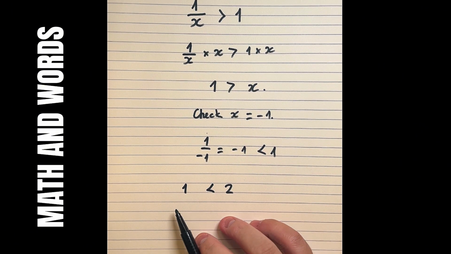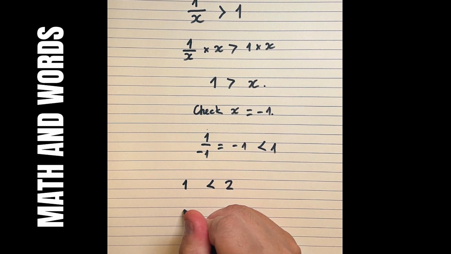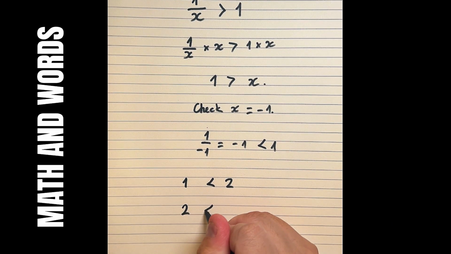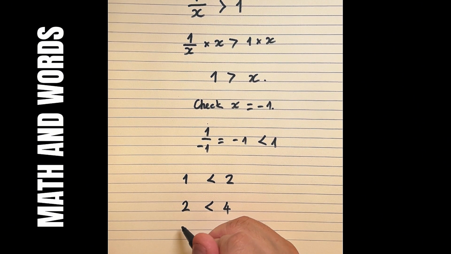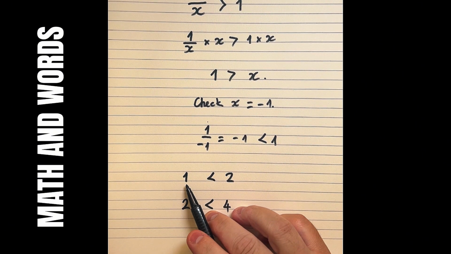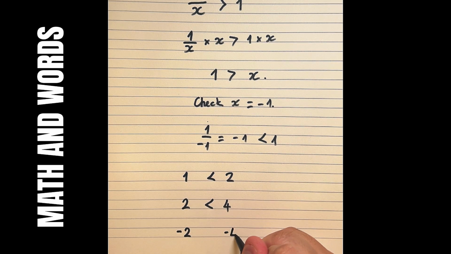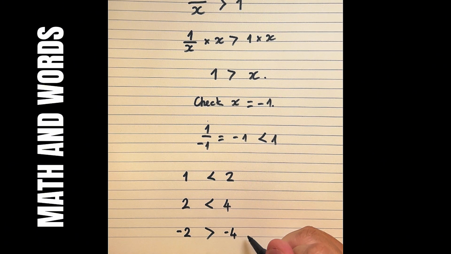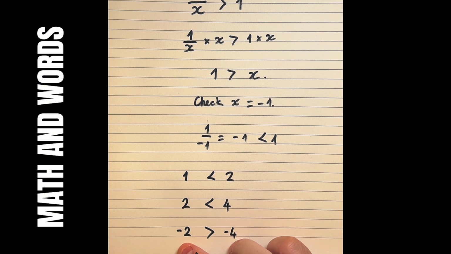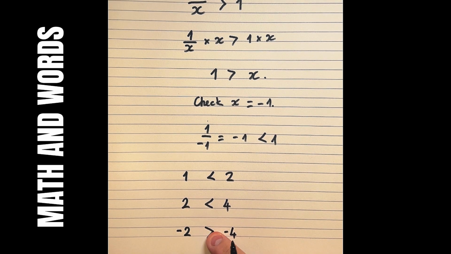And if I times 2 on the left hand side and 2 on the right hand side, I will have 2 less than 4. Instead of times a positive number, I times a negative number. For example, if I times -2 in here and I times -2 in here, I have -2 and -4, and we all know that -2 is greater than -4. So if you times a negative number to both sides of the inequality, you need to switch the sign.